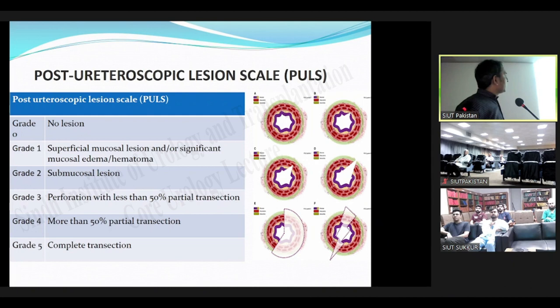At grade 2 there will be a submucosal lesion, and at grade 3 there will be perforation with less than 50% partial transection. At grade 4 there will be more than 50% partial transection, and at grade 5 there will be complete transection.